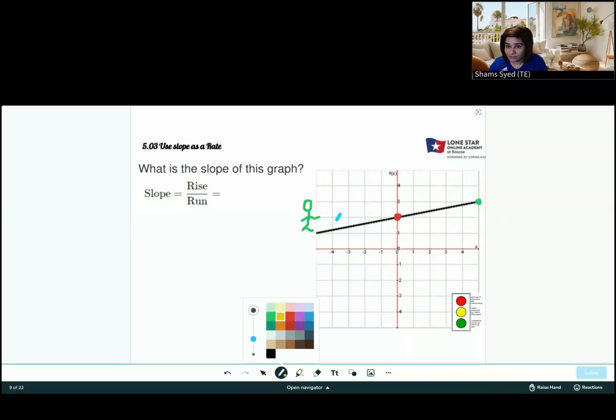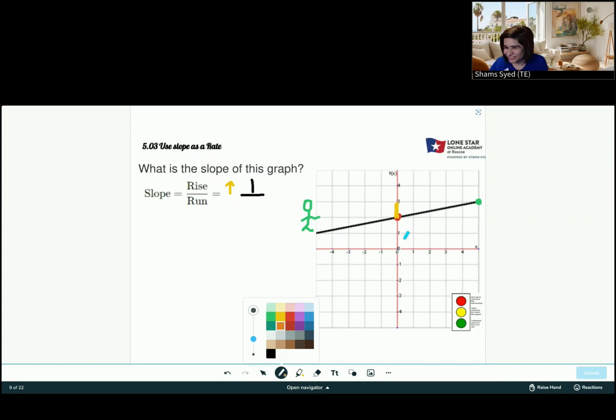Oh, this time the stick figure is going up. It is a rise. Notice it goes up 1. Was it up 1 for every? Okay, let's go ahead and put 1. Rise is 1.